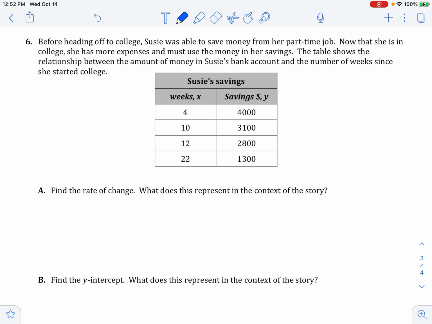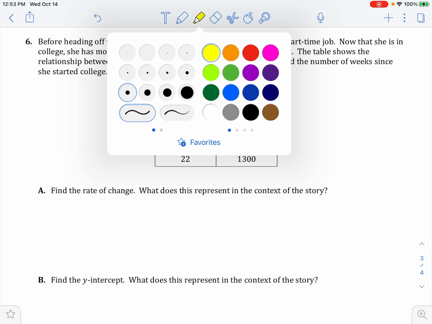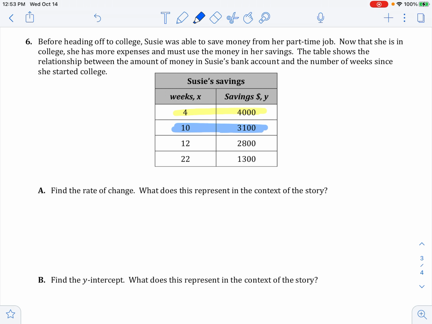So it says, find the rate of change. What does this represent in the context of the story, okay? So rate of change is slope. In order to find slope, one thing that I could have is 2 points. I have 2 points here. I'm going to say this is my first point that I'll use, and this is my second point that I'll use. And you could pick any 2 you want, okay?